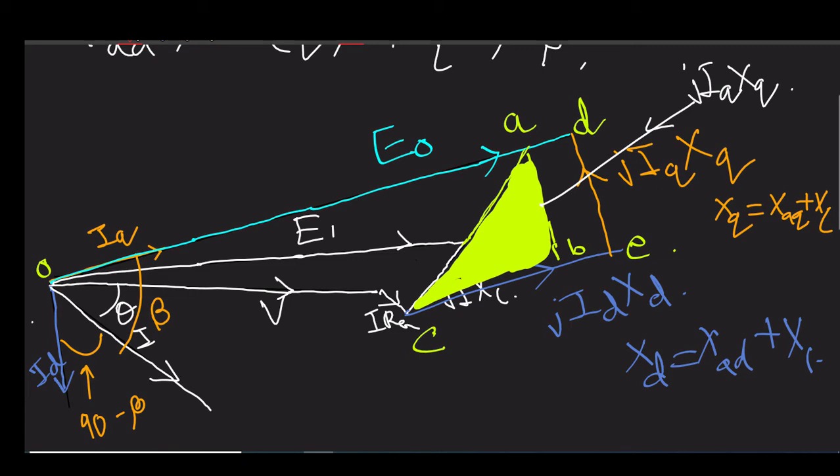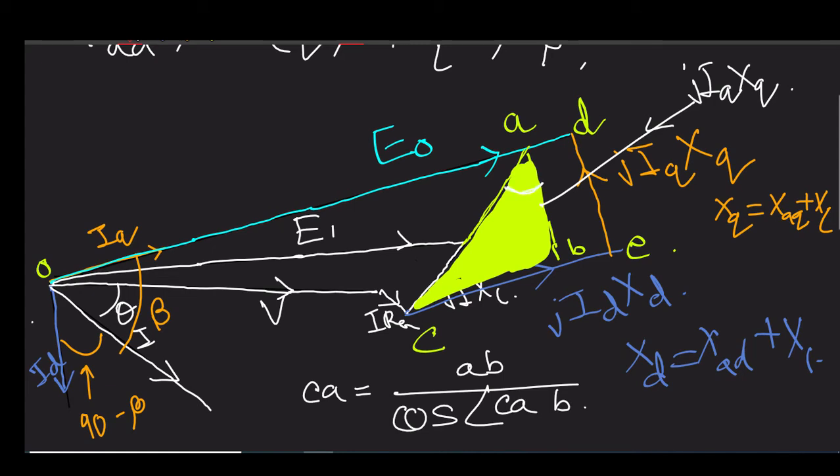From this right angle triangle, what you can write is that CA is equal to AB by cos of angle CAB. CAB means this angle, right? Now see what is happening here. This side we are not sure about. What is this CA?